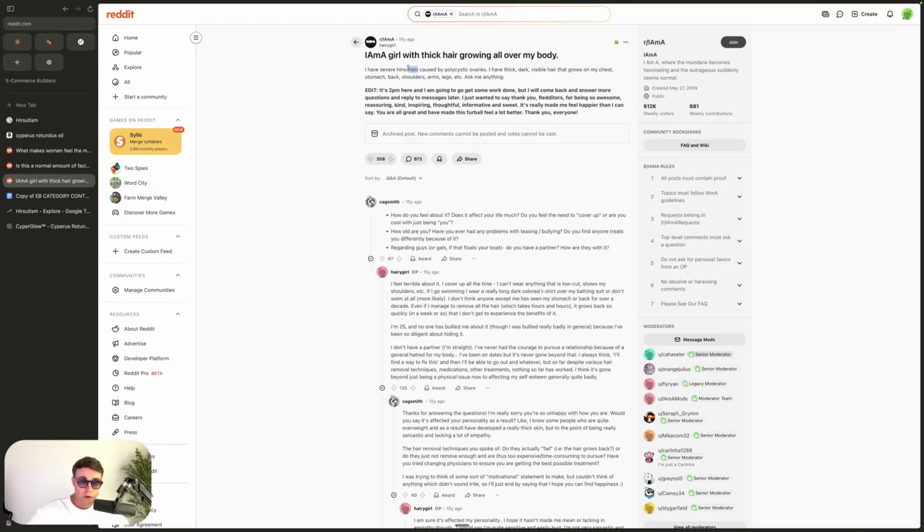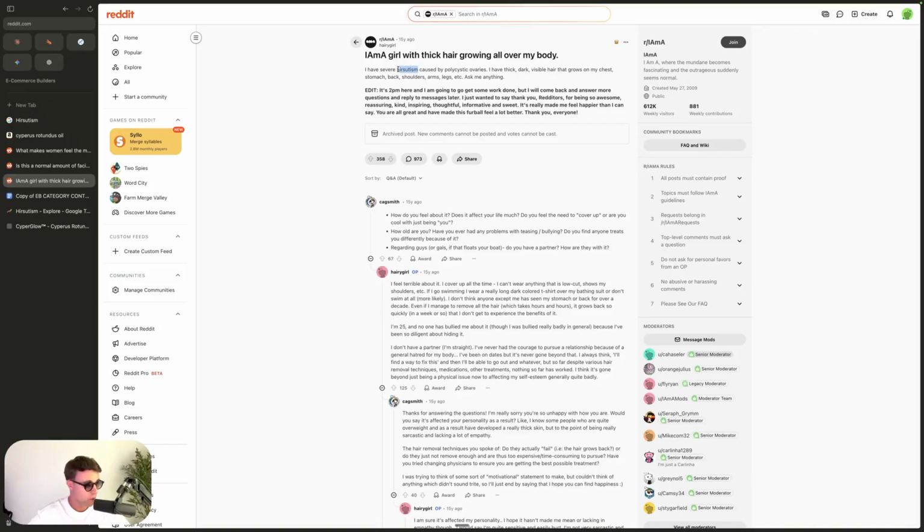Okay, so she's actually talking about this condition that we were just researching here. And she's telling us what it's caused by as well. I have thick, dark, visible hair that grows on my chest, stomach, back, shoulders, arms, legs, etc. So similar to what I was saying a few minutes ago, we can use this as one of our core broader angles.